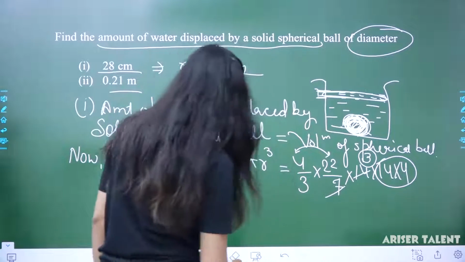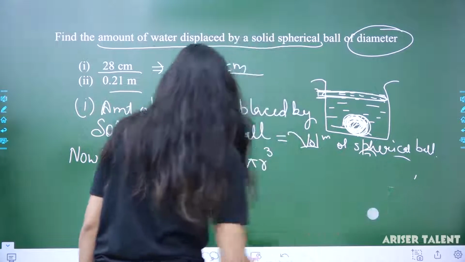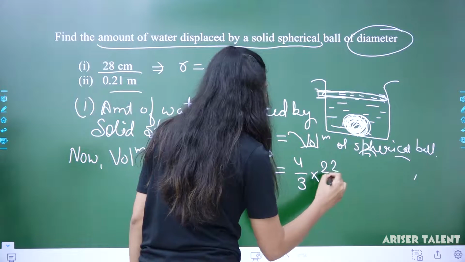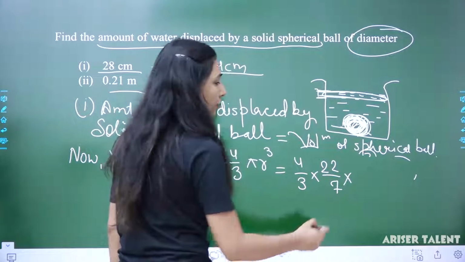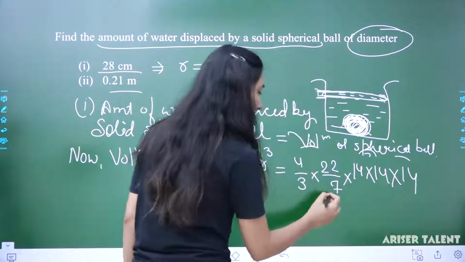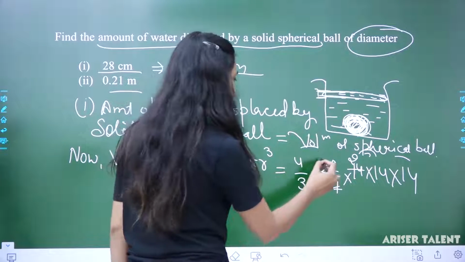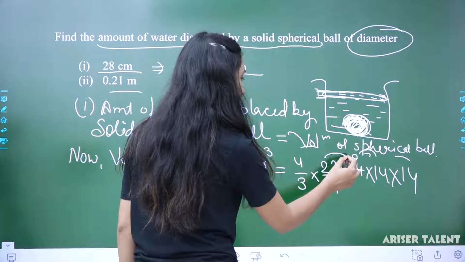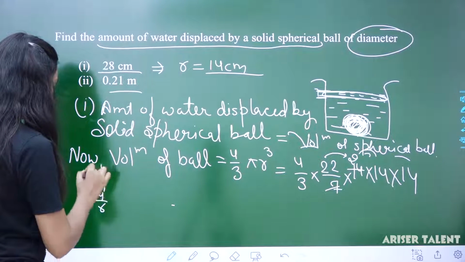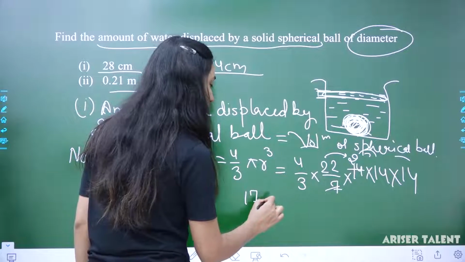So, writing it again, it will be 4 by 3, 22 by 7, radius which is 14, 14 and 14. That will be cut 2 times. So here it will be 44, and 44 multiplied by 4 will be 176. That is going to be 176.